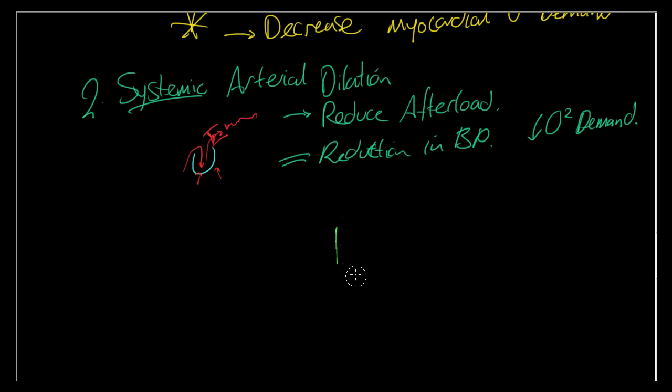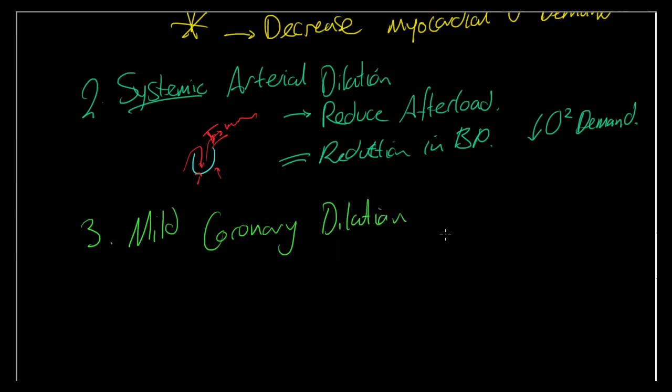Let's go to point number 3. Point number 3 is more of a nice to have rather than a great effect. Oh well, it is quite important, but I'm going to write it as mild coronary dilation. I'm talking about the arteries here.